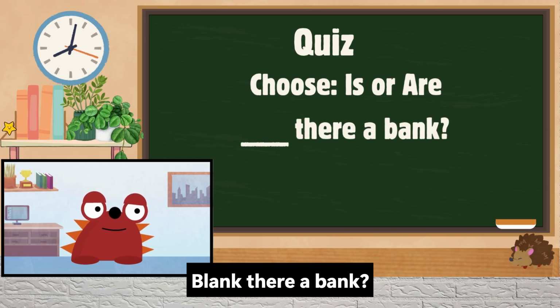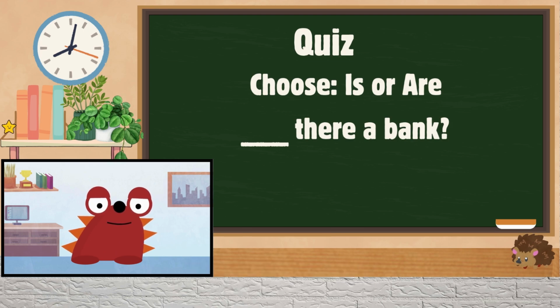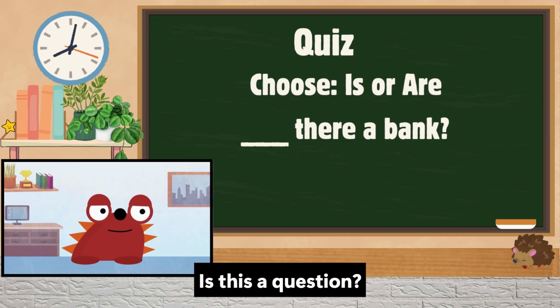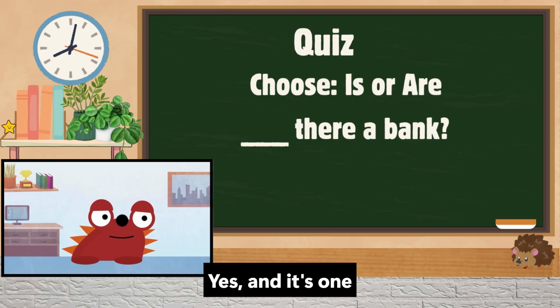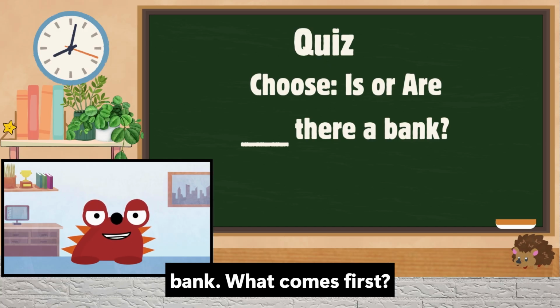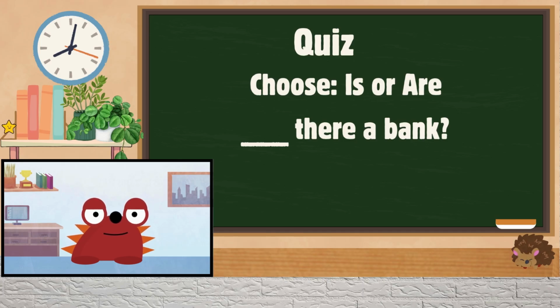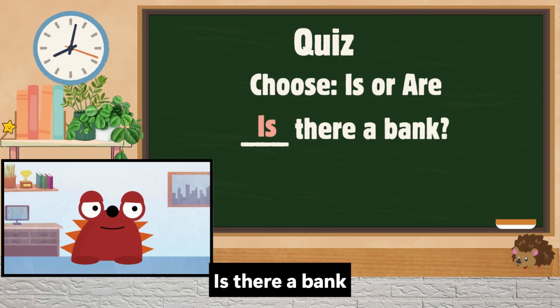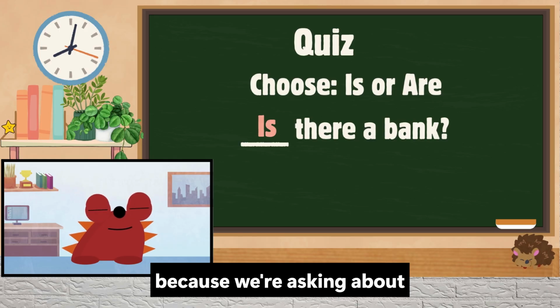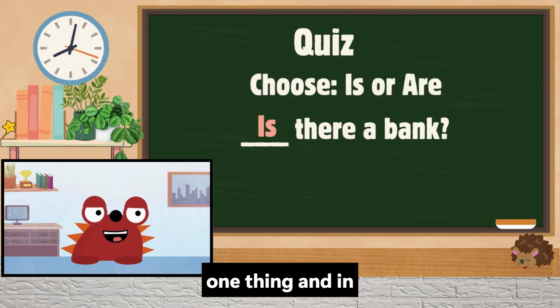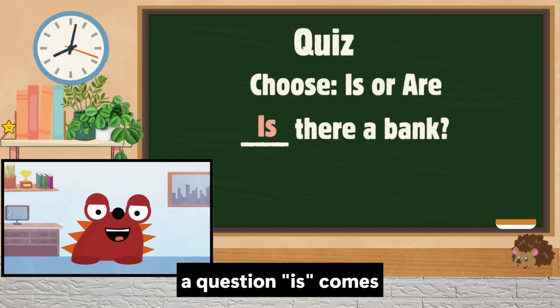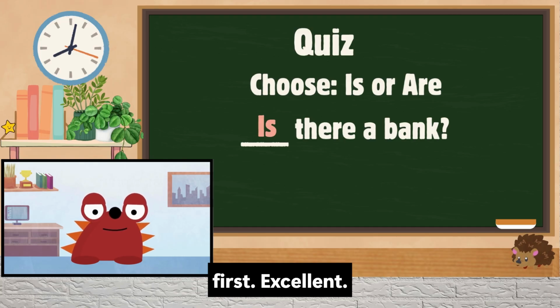Blank there a bank? Is this a question? Yes, and it's one bank. What comes first? Is there a bank? Because we're asking about one thing and in a question, is comes first. Excellent.